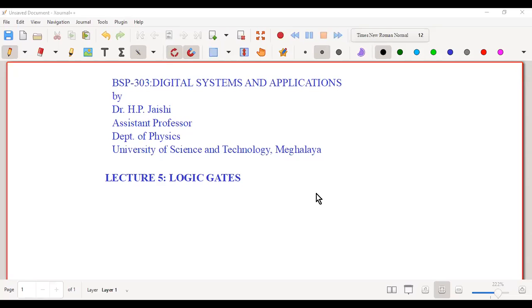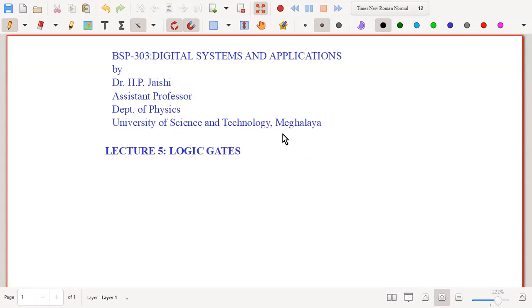So let me share the screen and let us discuss first about the basic logic gates. The topic of our discussion today, as you can see here, is logic gates. We'll start with the basic logic gates.